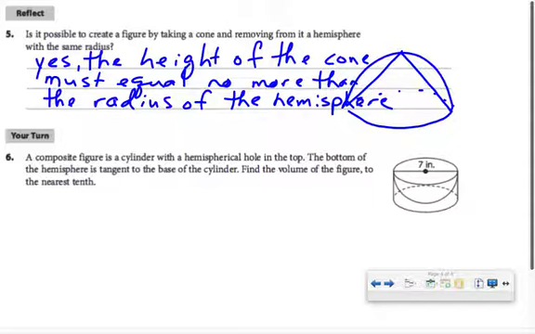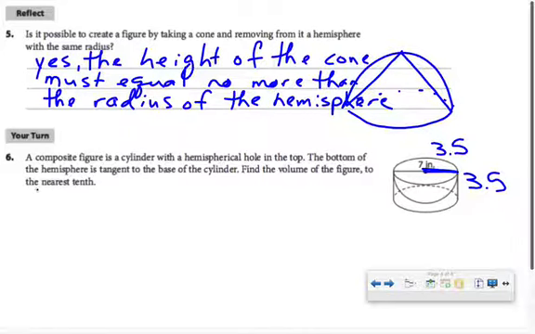Finally, we have a composite figure made up of a hemispherical hole in a cylinder. So the bottom of the hemisphere is tangent to the base of the cylinder, which tells us that since this diameter is 7, this radius then is 3.5, which means the height of the cylinder is also 3.5.